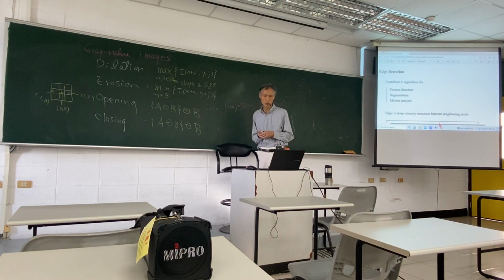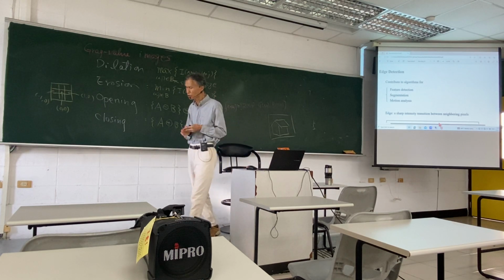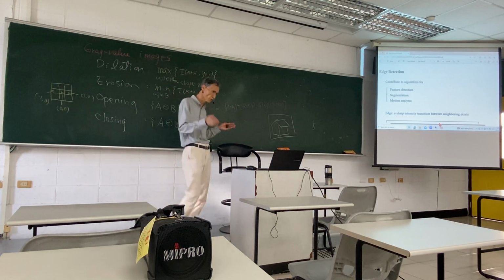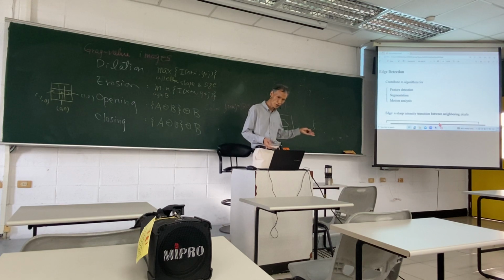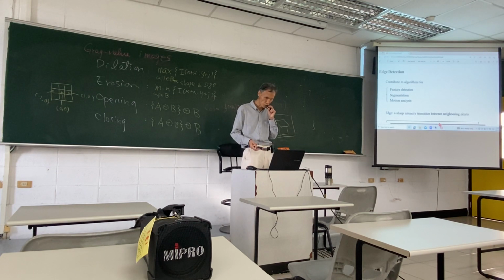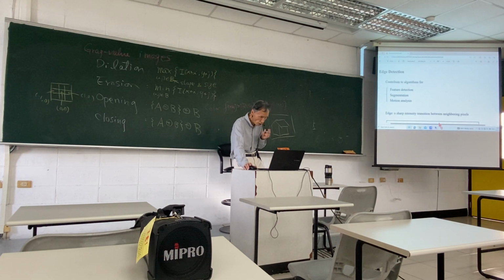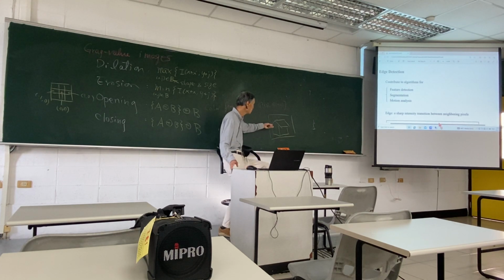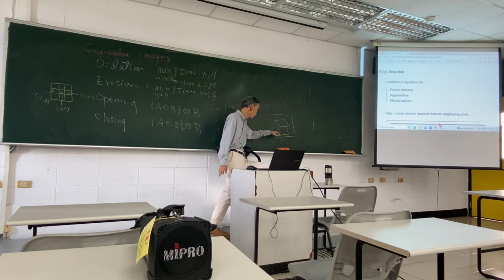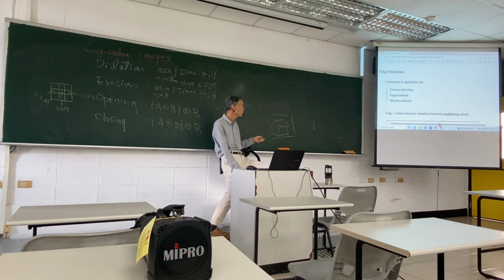Of course, edge detection can be applied to a color image or gray level image, but we just stick to gray level images. Even for a color image, you can convert it into a gray value image. There are a lot of applications of edge detection. You can use it for feature detection. Edges themselves, or lines, can be a very important feature.